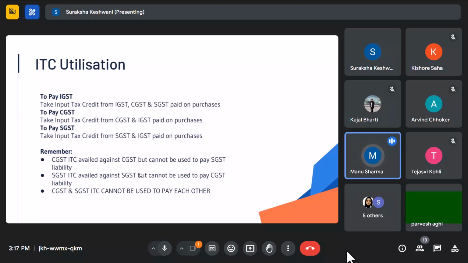And if they want to pay SGST, they can use the ITC from SGST and IGST. But IGST has to be used first, and after exhausting IGST they can pay SGST and CGST. Also, one thing we can remember is that CGST and SGST cannot be used to pay each other. Okay. Good.